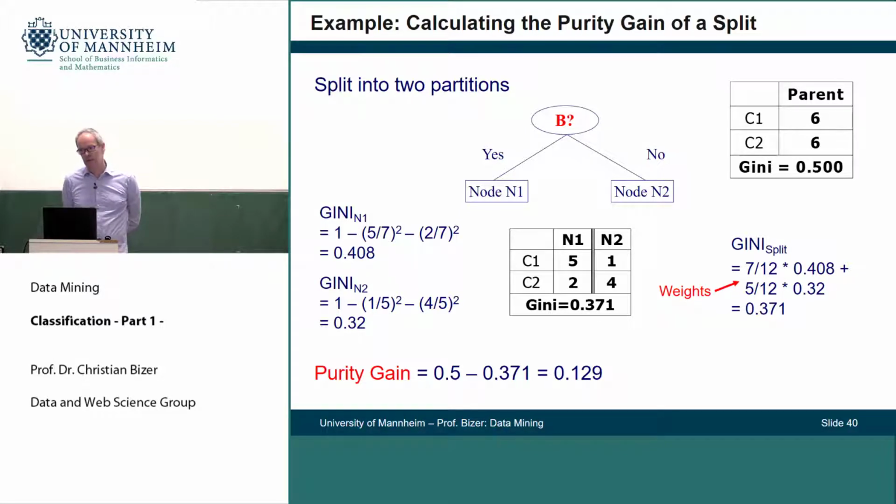Second bucket is 5 examples, so it's slightly smaller, gives us a Gini of 0.32. We weight both Ginis with the size of the buckets, so that is 7/12 and 5/12 on the other side, and we get our final purity gain, which basically is the purity of the parent, the 0.5, minus the weighted average of the purity of the children.